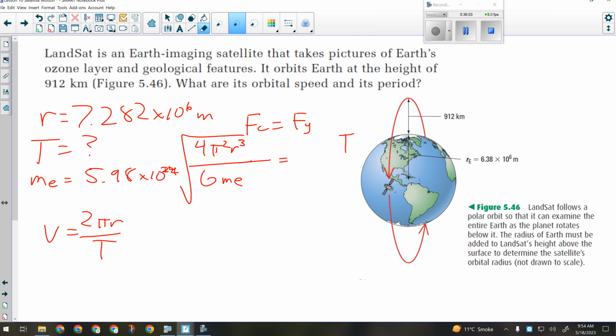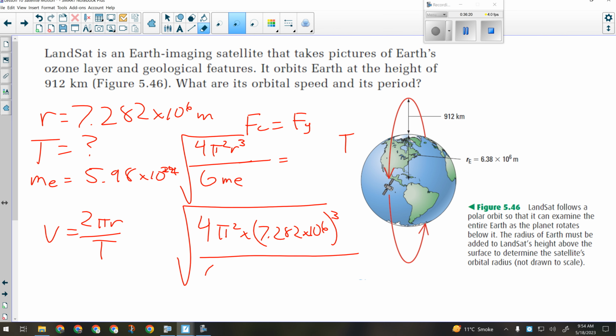So now we plug in our numbers here. 4 pi squared times 7.282 times 10 to the 6 cubed, divided by 6.67 times 10 to the minus 11 times 5.98 times 10 to the 24.